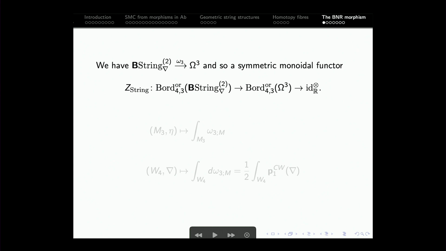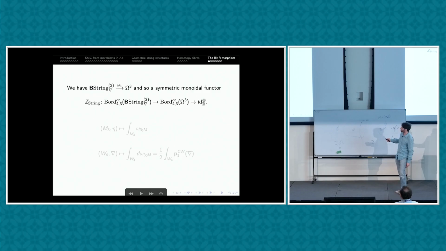And we already noticed that out of bordism with target 3 forms, if my bordism is in dimension 3, we have a map with target the identity of real numbers. This was Stokes' theorem, the second part, and the first part is just this canonical morphism here. So we get a TQFT that starts from here and ends here, which I will call Z string.